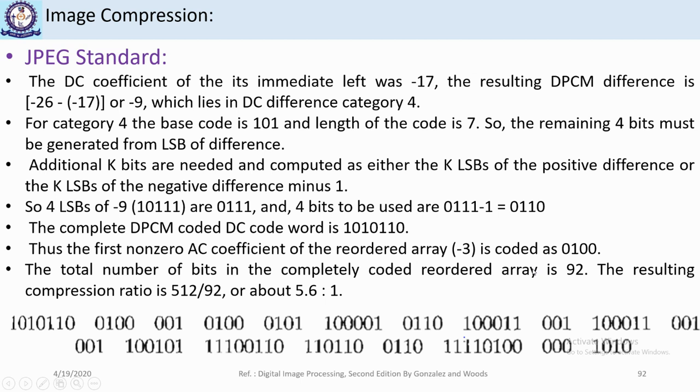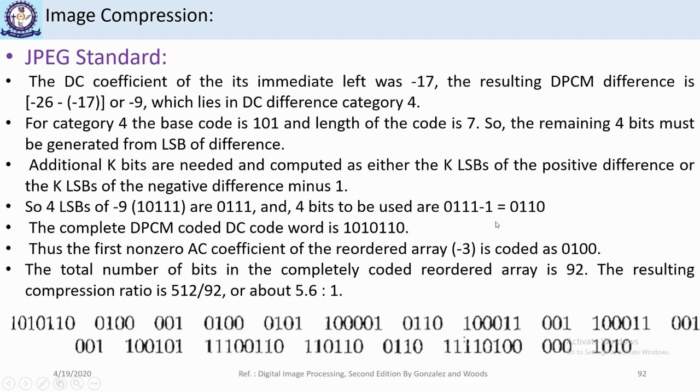Let me restate this. How do we get this? The 01 we have got from the run and category, and we need to find the LSB 2 bits, which will be the LSB 2 bits of -3 minus 1. Minus 3 in binary form is 101, so the 2 LSBs of -3 will be 01.